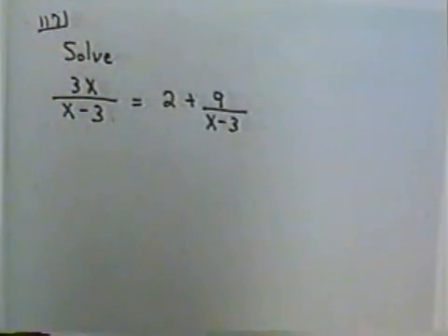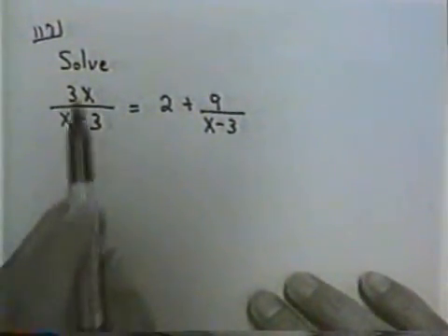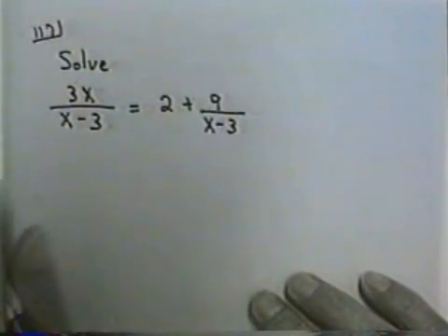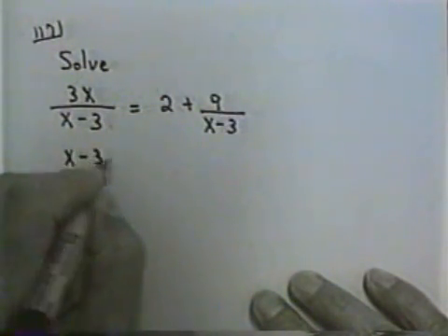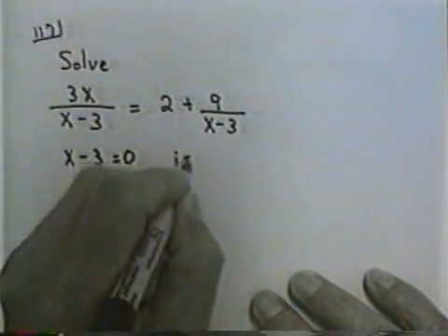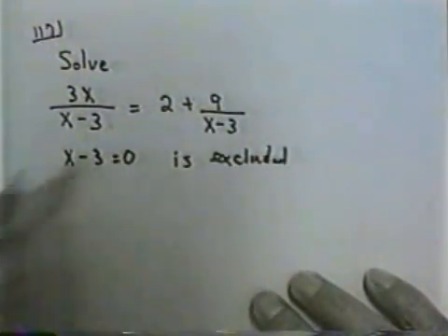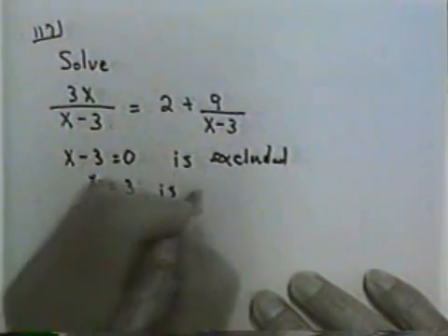I want to look at one more before I give you some exercises. Let's solve 3x divided by x minus 3 is equal to 2 plus 9 divided by x minus 3. X minus 3 equal to 0 is excluded. Therefore, x equal to 3 is excluded.